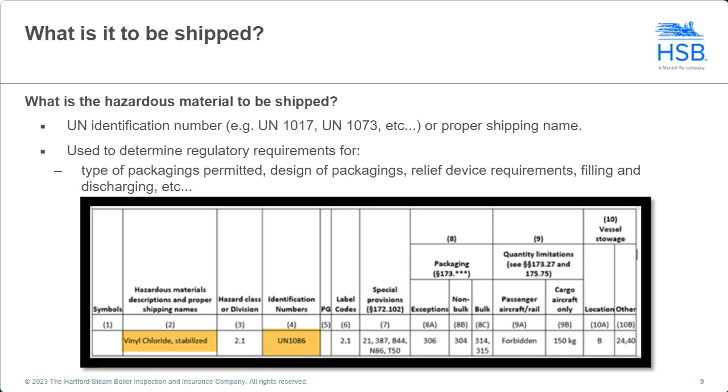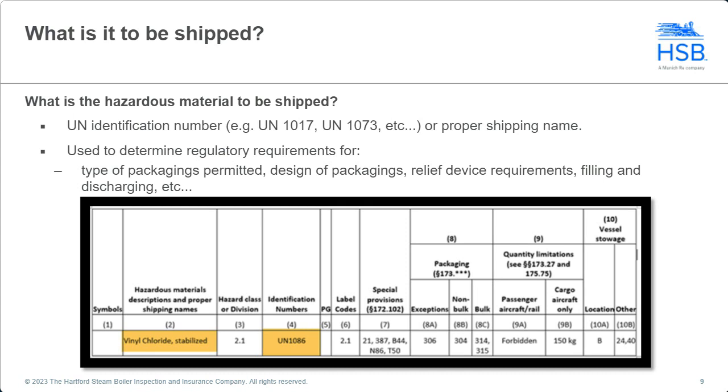The other information that we get from this hazardous material table is the packaging requirements. We would need to look at these notes, especially for the bulk packaging. Let me back up here. Bulk packaging is a UN portable tank, a cylinder, an intermediate bulk container, a cargo tank.